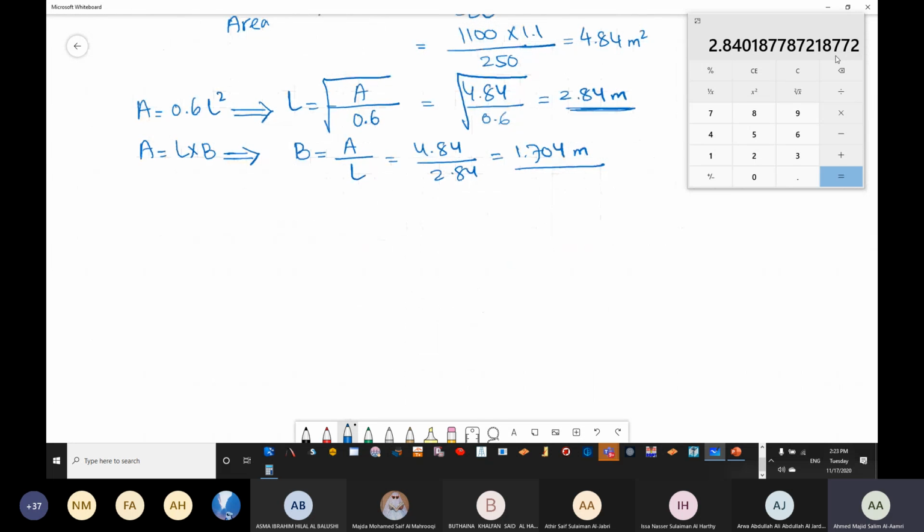So what we can say is that we are going to use a section of 2.85 into 1.75, for example. Always you will adopt something more than the minimum. These are the minimum, 2.84 and 1.704. We cannot have 1.04 on the side.